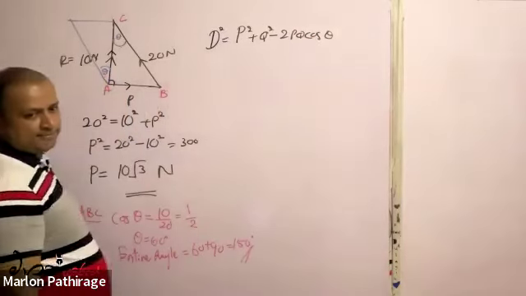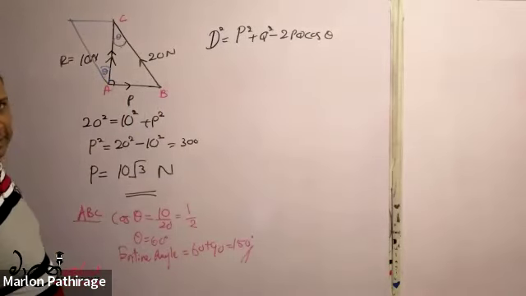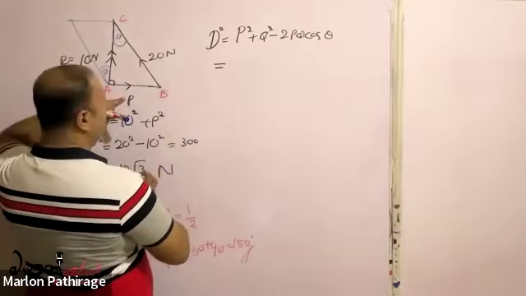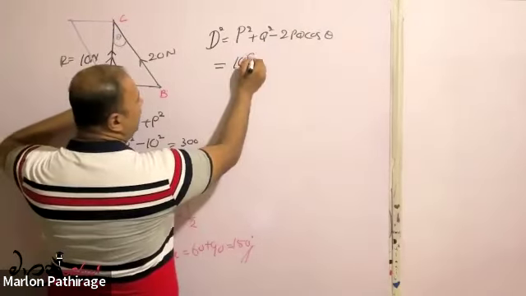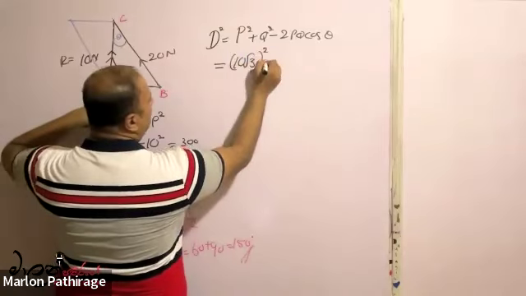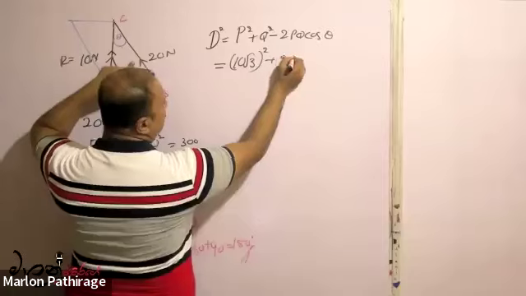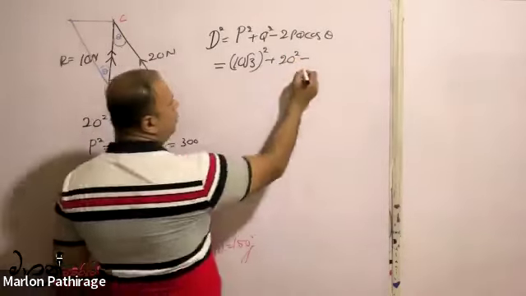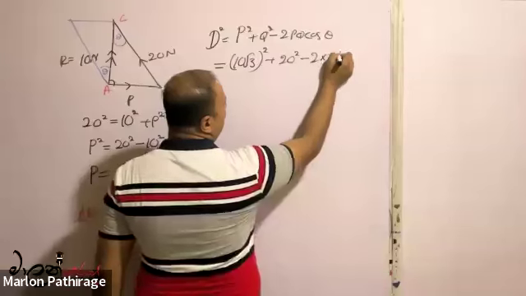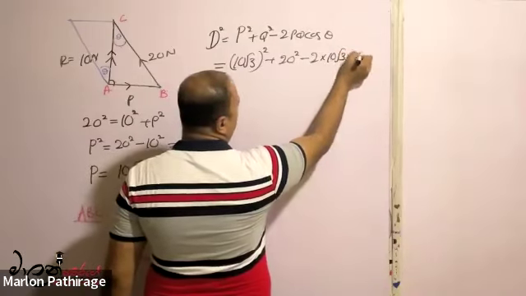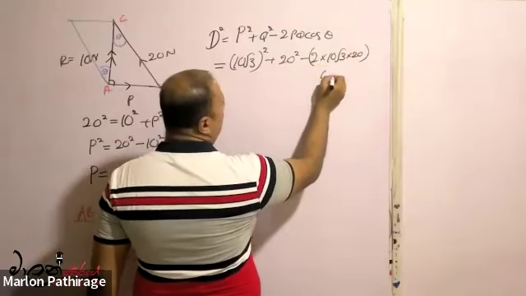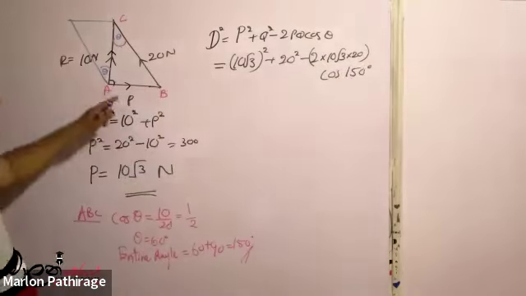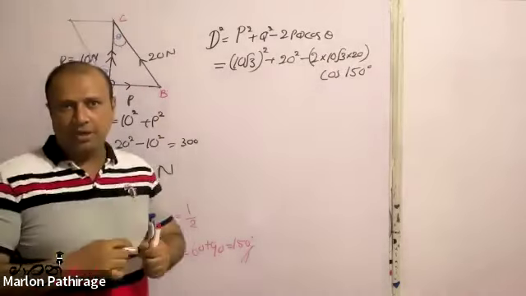Here P is 10 root 3, so 10 root 3 squared, Q is 20, so 20 squared, minus 2 times 10 root 3 times 20 times cos 150. The angle is 150, therefore cos 150.